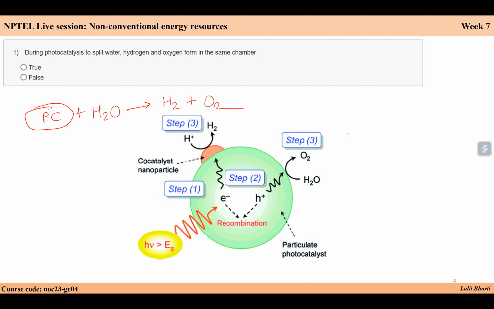So in our general setup, we have one cathode and one anode, and we will be getting H2 at one electrode and O2 at the other. Let's say it is H2, let's say it is O2.